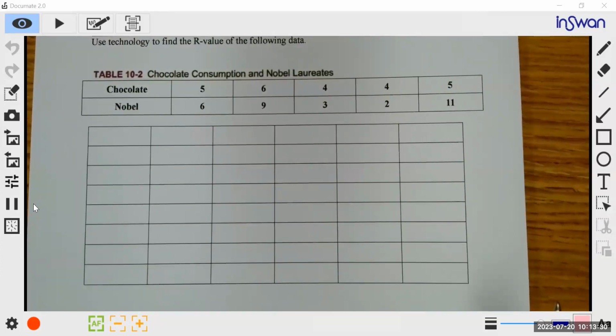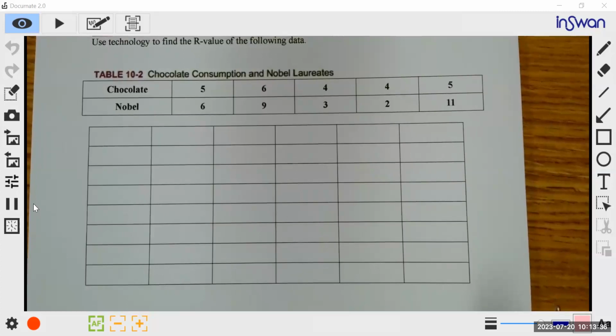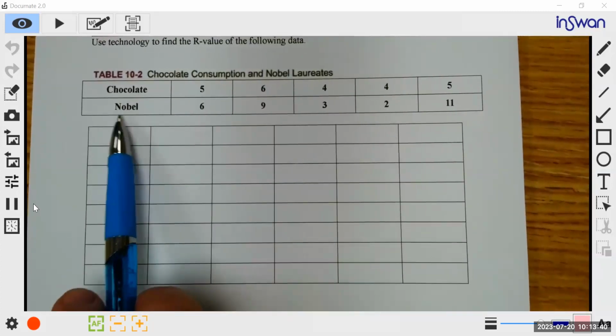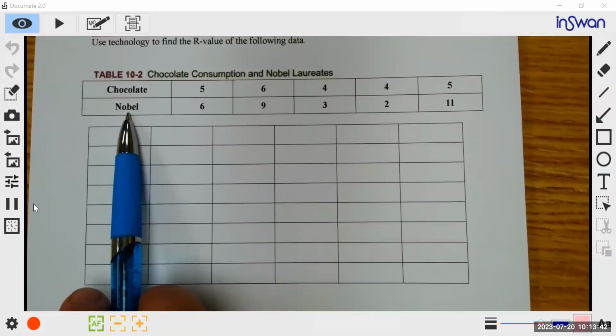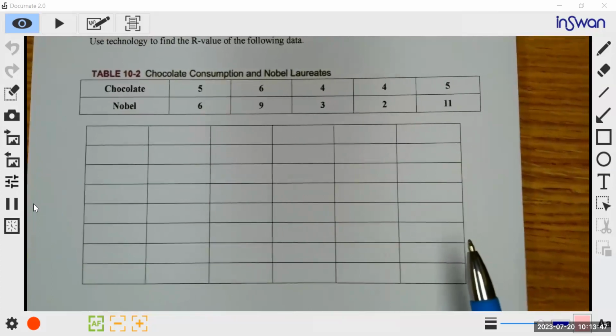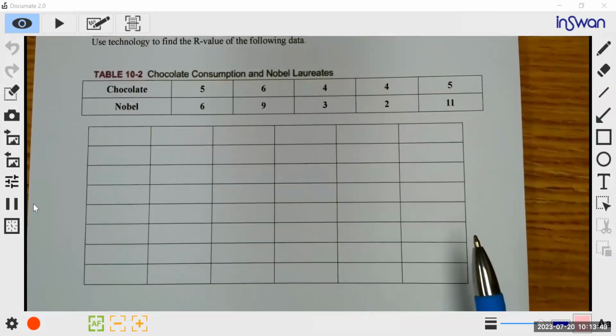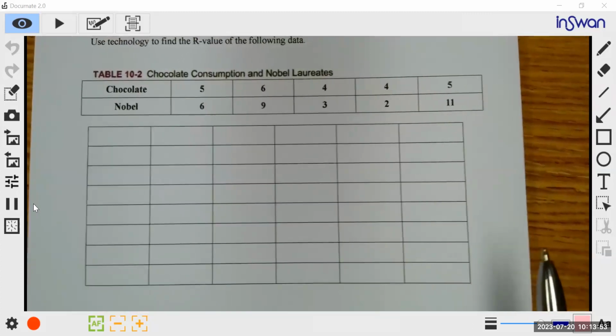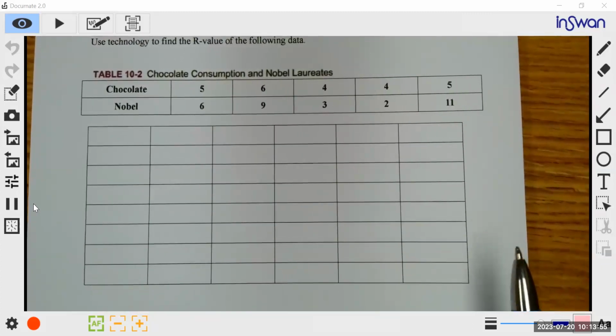What does this data represent? What is it asking us? Is there a correlation between the amount of chocolate Nobel laureates eat? Well, that's what we're going to find out.